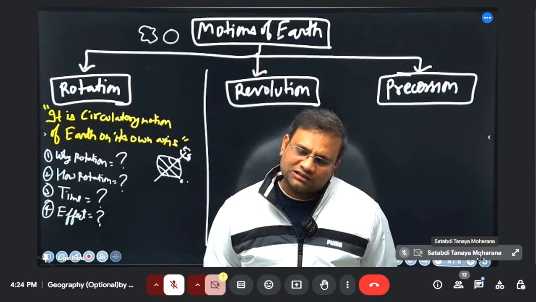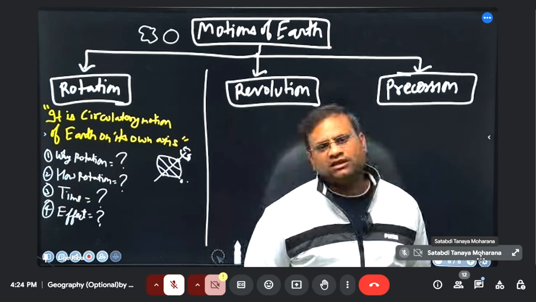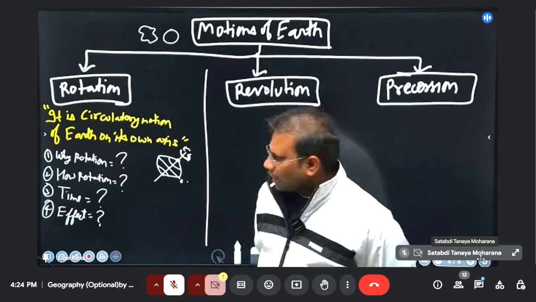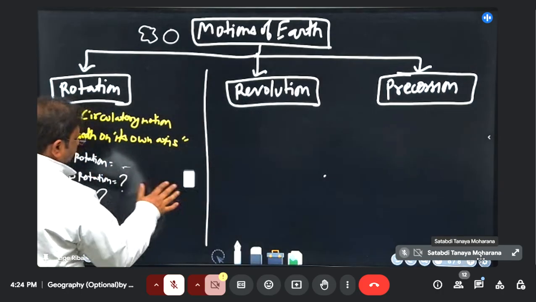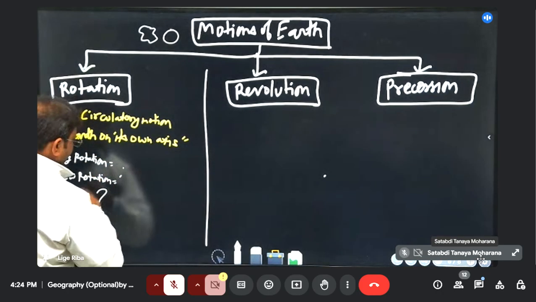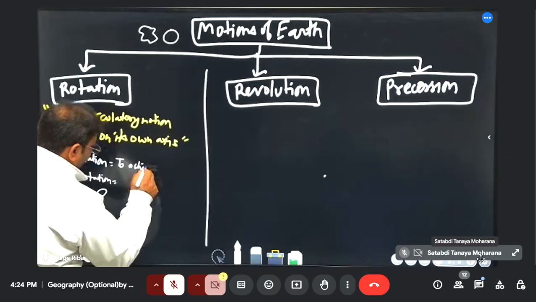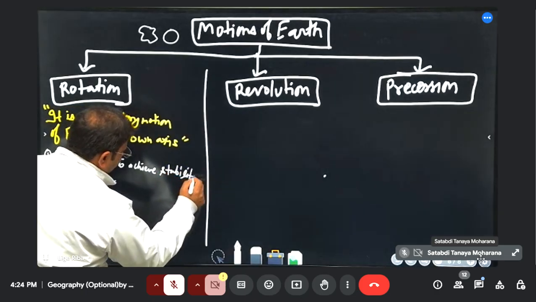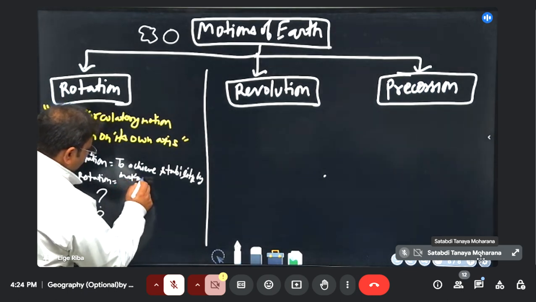Everyone wants stability: economic stability, social stability, ecological stability, similarly structural stability as well. So the answer to why earth rotates is to achieve stability by making a spherical shape.